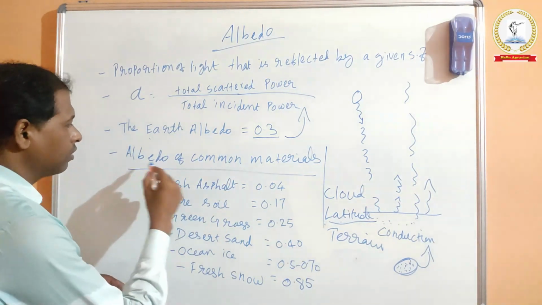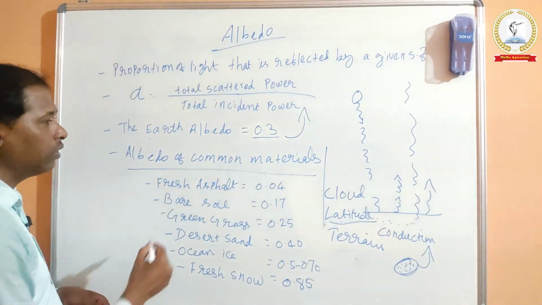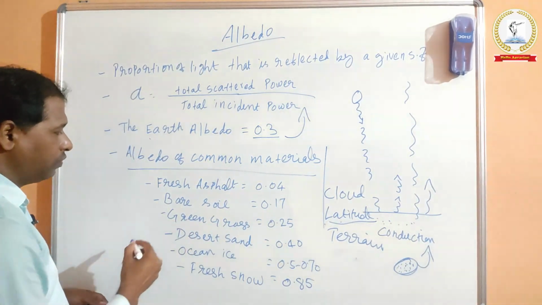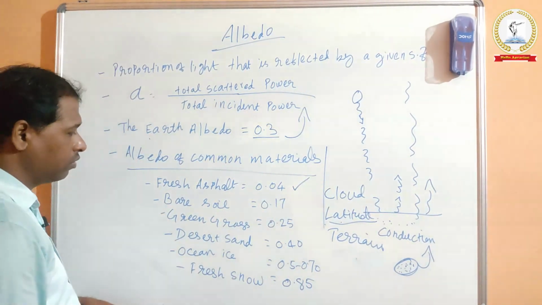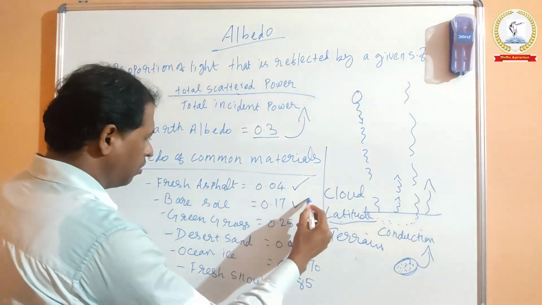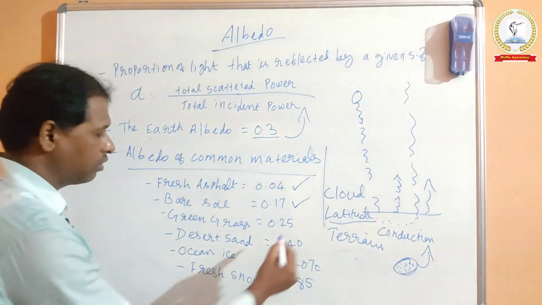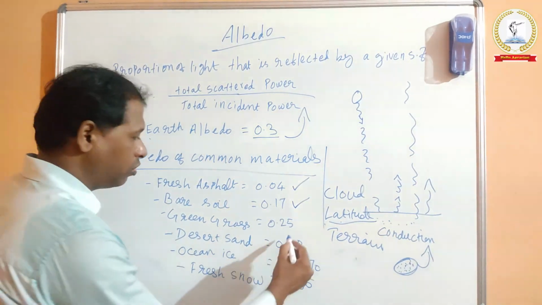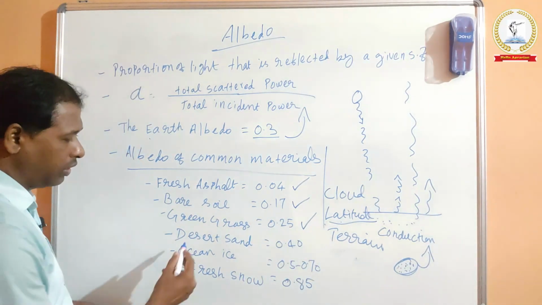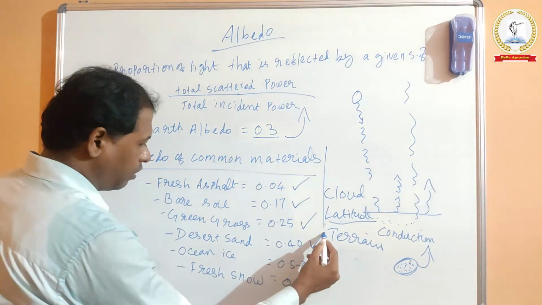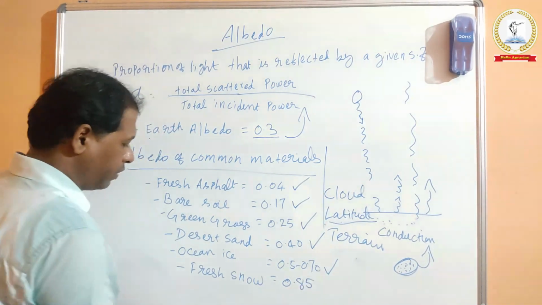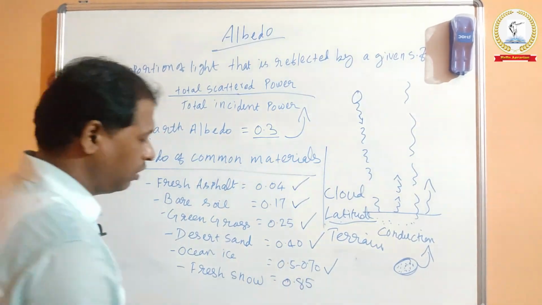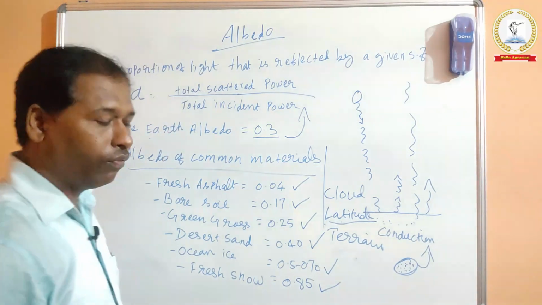I have given the albedo of common materials. Fresh asphalt has 0.04, bare soil is 0.17 and green grass 0.25. For desert sand it is 0.4, ocean ice 0.5 to 0.7 and for fresh snow it is 0.85.